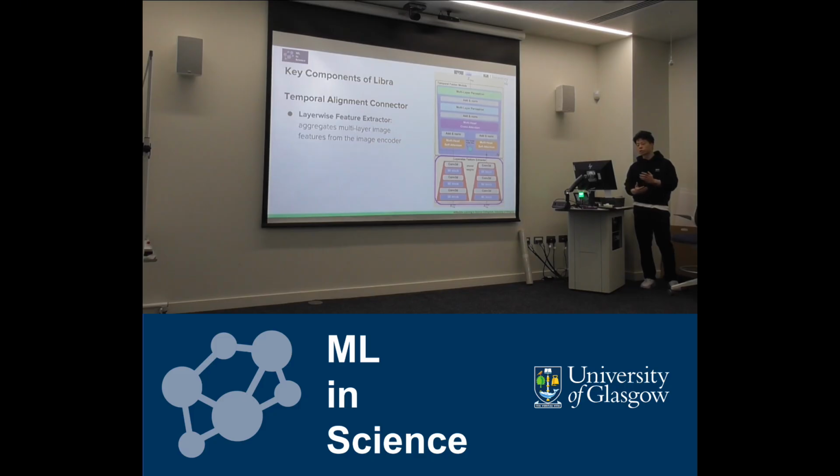Even though most models like LLaVA typically rely on the last or penultimate layer of the image encoder, that will focus on global features and definitely lose some information from the shallow layers. Here we're using all 12 hidden layers.